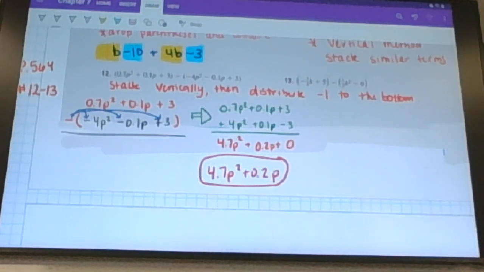You guys ready for number 2? No. Got some fractions in it. We'll have to do some common denominator work.